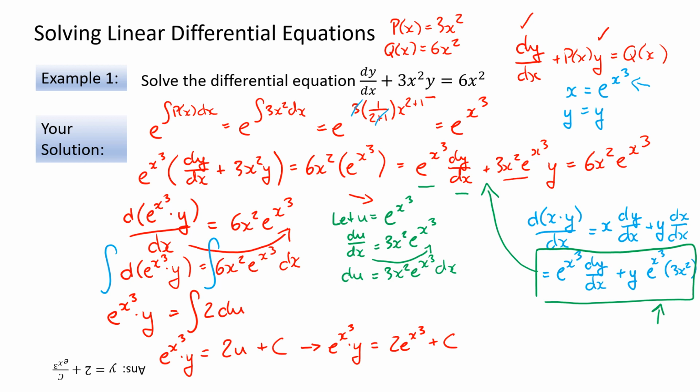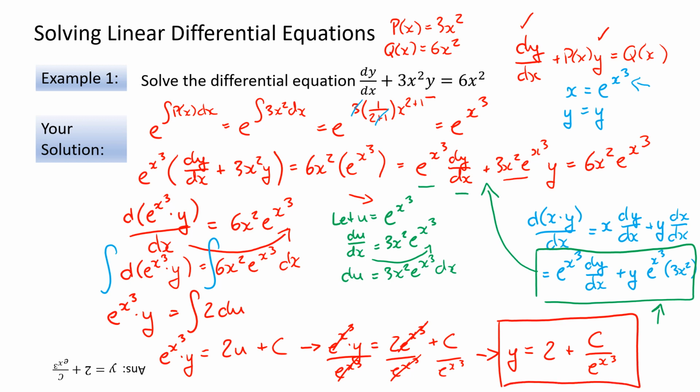Solving for just y, we have to divide both sides by e to the x cubed. So they'll cancel, and what we're left with is y is equal to 2 plus the constant divided by e to the x cubed.